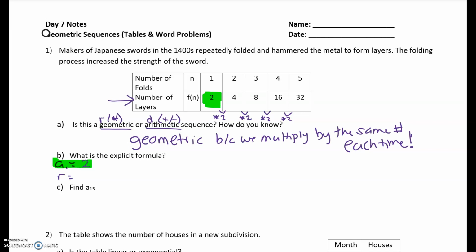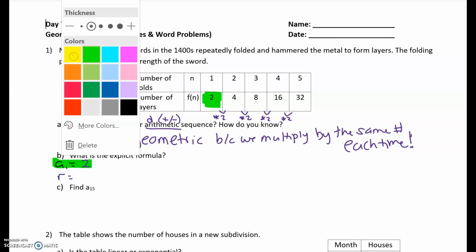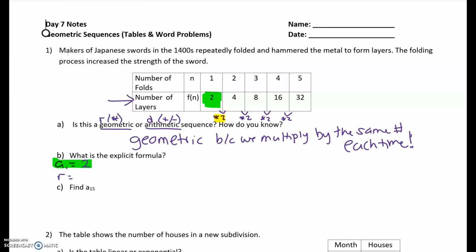Our common ratio, on the other hand, is how our number is changing. How do we go from one number to the next number? Well, we multiply by 2 every time. So our explicit formula would say a sub n equals 2 times 2 raised to the n minus 1 power.